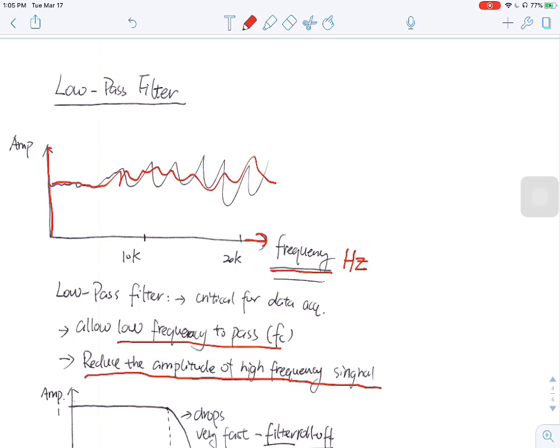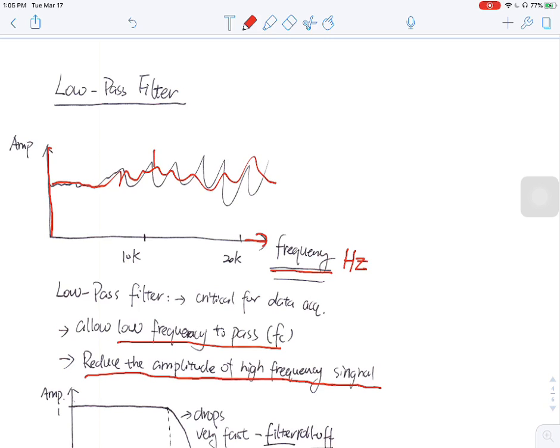The reason being, most of the high frequency signals are noise coming from the environment. So we want to get rid of those high frequency noise. That's where this low-pass filter comes into play.